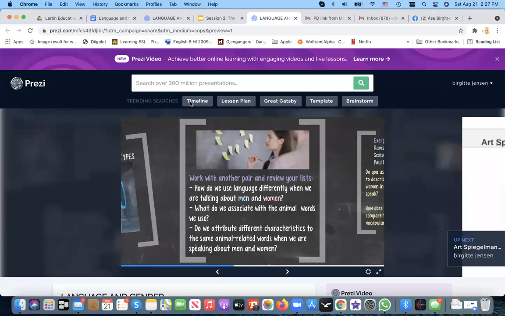So we associate cute things with young women, and predatory and ugly animals or older animals with older women. Like for example, sometimes you could use the word she's a whale, right? That means she's a big woman.